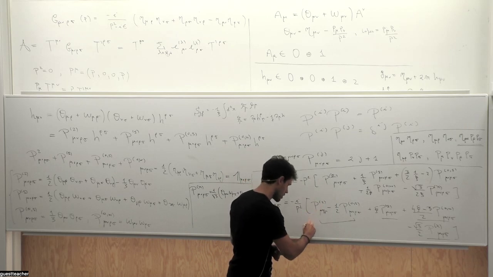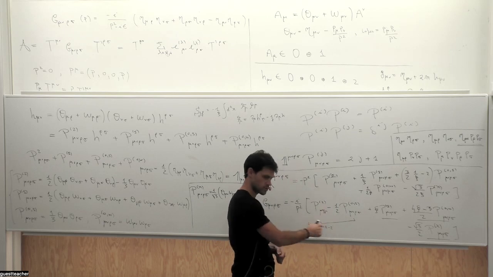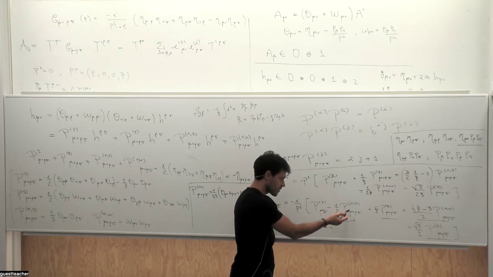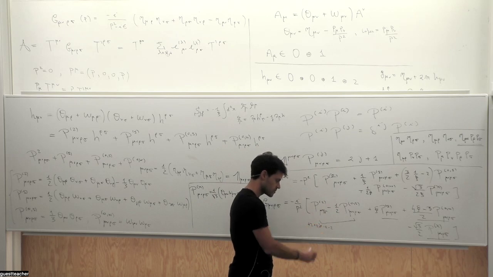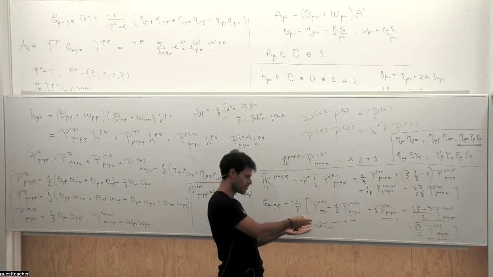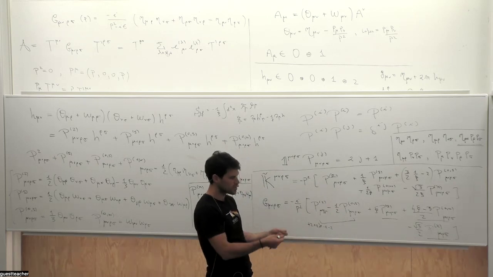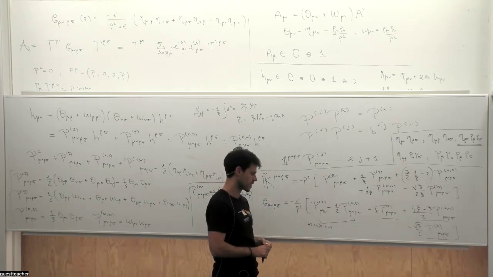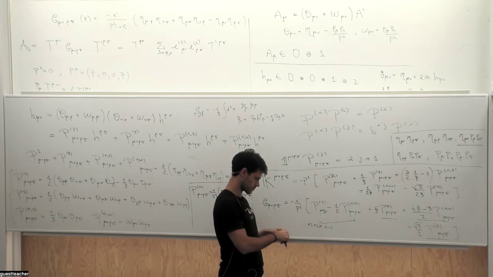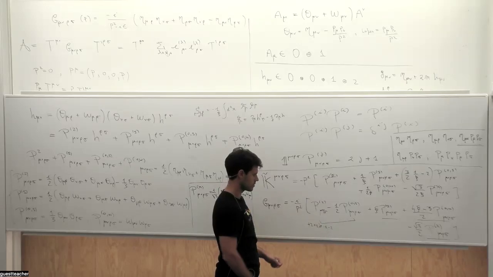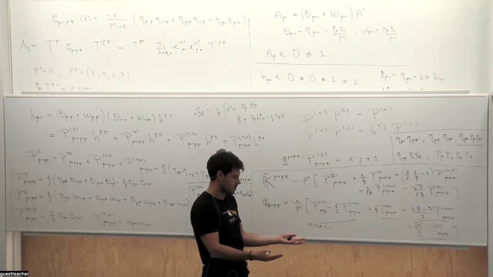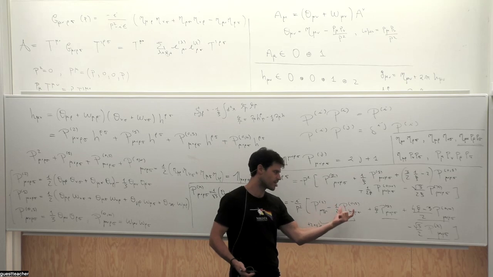Because you see, here we have +2, +1, 0, -1, -2 components. This one will be responsible for cancelling this 0 here. Otherwise, if you go on shell, you get the wrong number of degrees of freedom. You can show that explicitly by doing the computation. I can also give a reference where I did that in some papers completely.